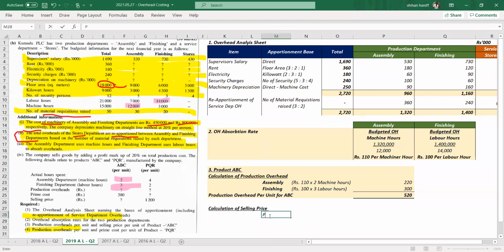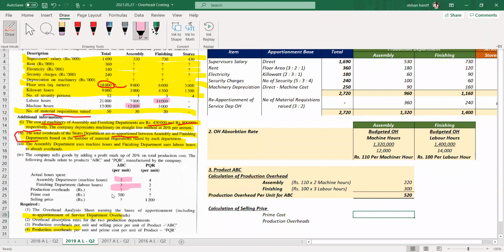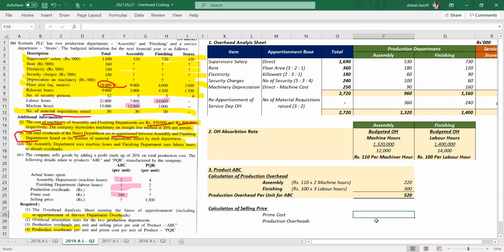Selling price is equal to the prime cost plus production overhead. Then we get the selling price. Prime cost is given in the question, it's 380. Production overhead we have calculated, it's 520.